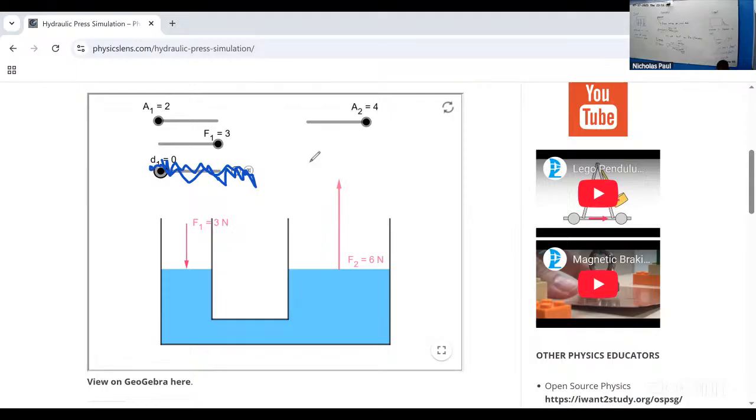Write that down, and then I want to give you a calculation.